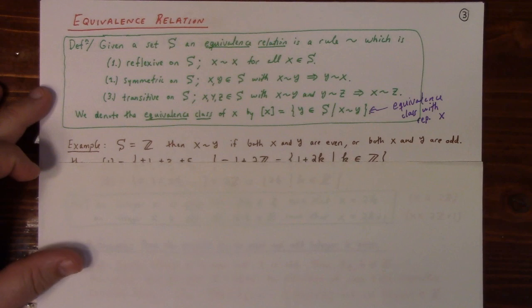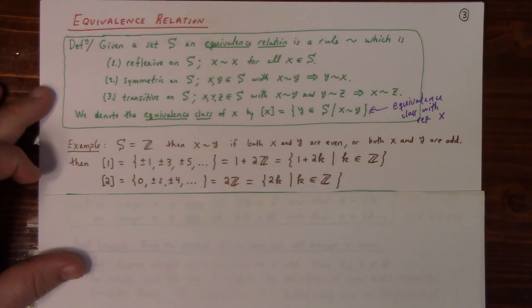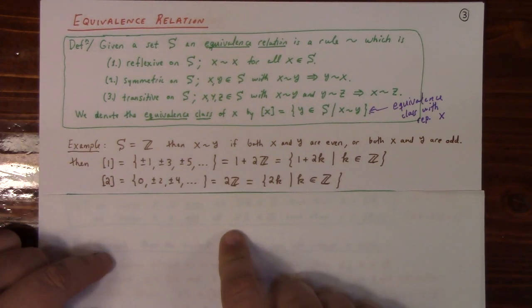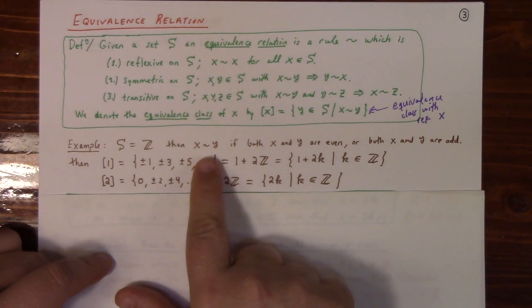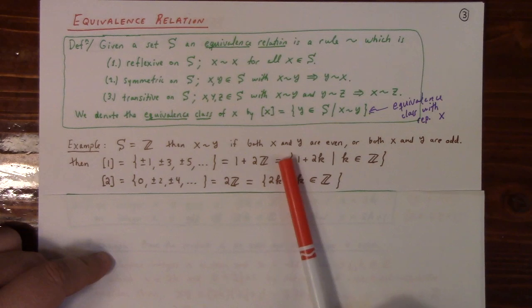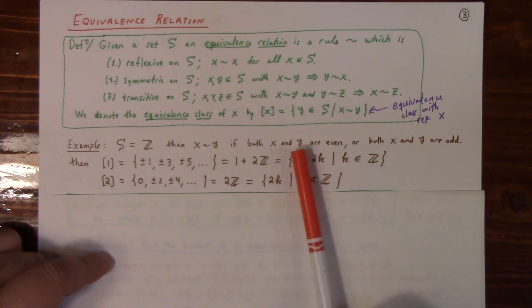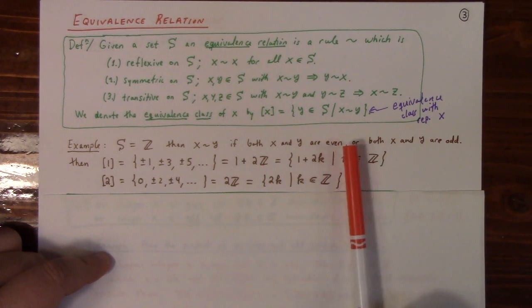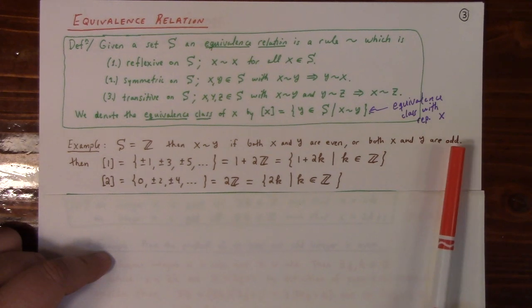So here's just a really simple example. If we take the set of integers, then we could define an equivalence relation by saying x is related to y if they're of the same parity. In other words, if both x and y are even, they're related, or if both x and y are odd, they're related.